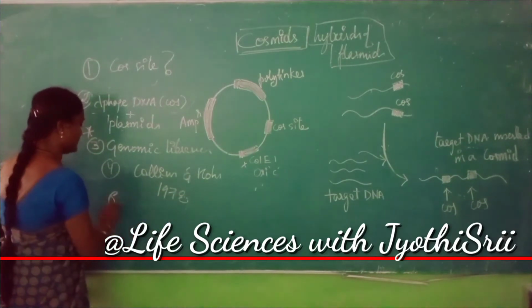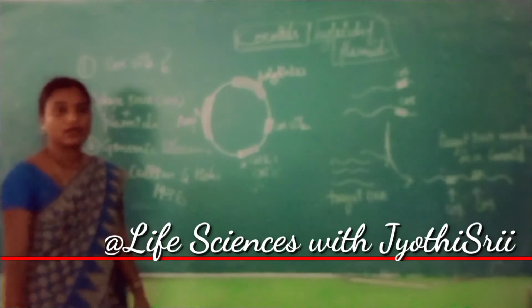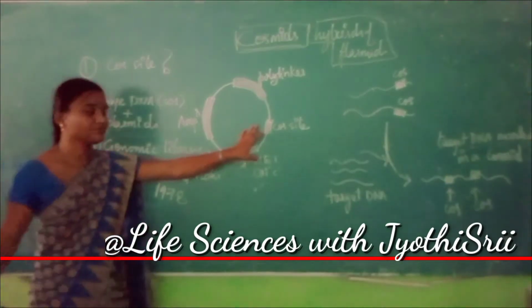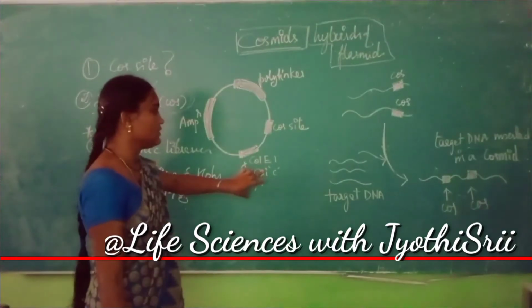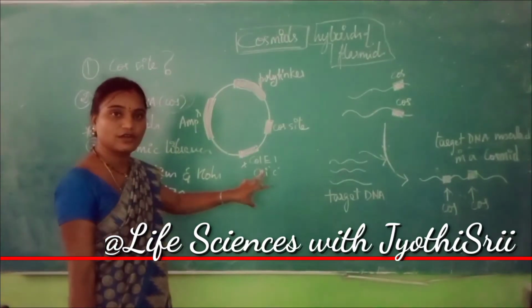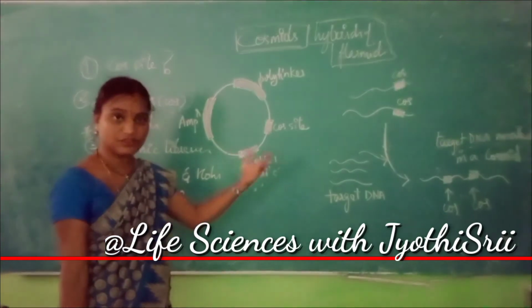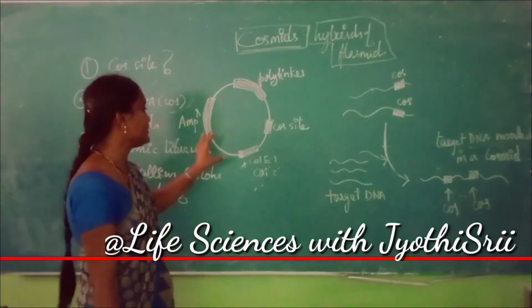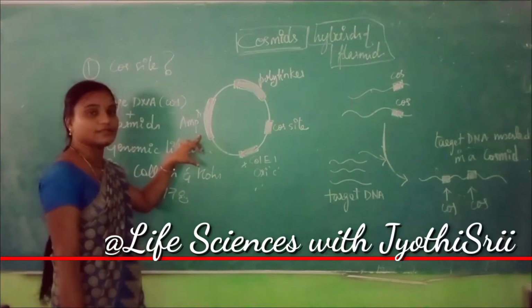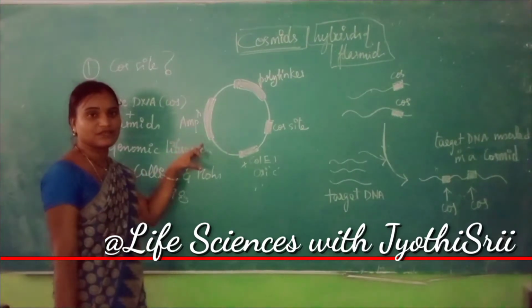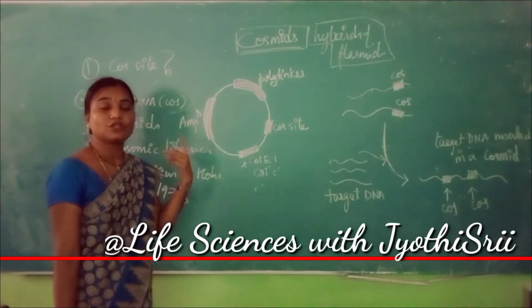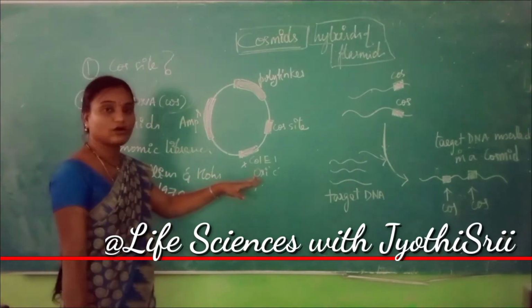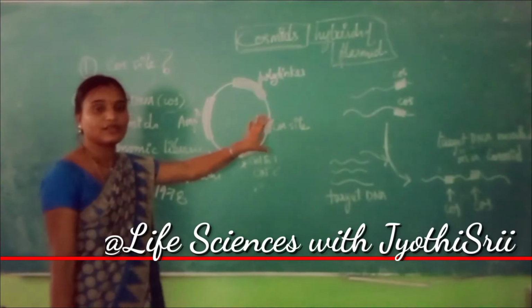Next, a cosmid is a vector which has a cos site, an origin of replication for replication whenever it is inserted into the host organism, a polylinker, and a marker gene, that is ampicillin resistance. In pBR322, you have two marker genes, ampicillin and tetracycline, an origin of replication, and different restriction sites.